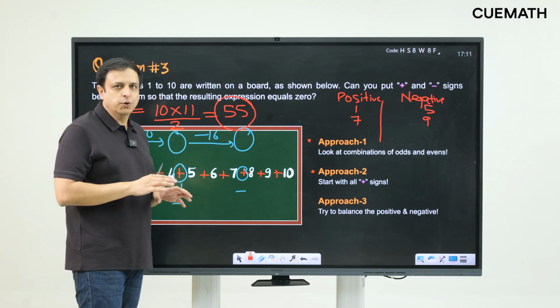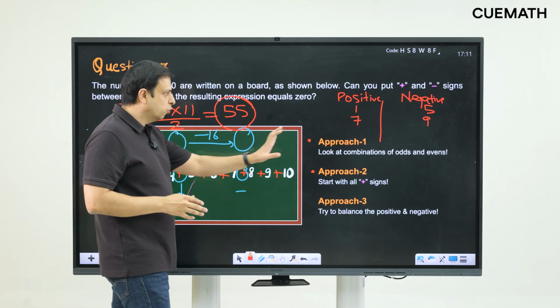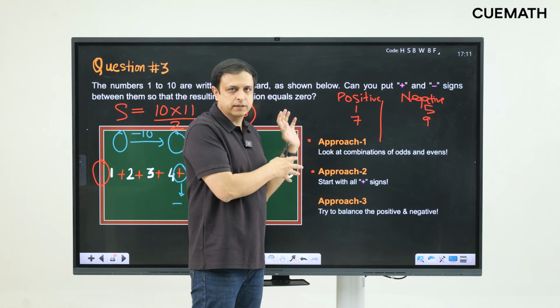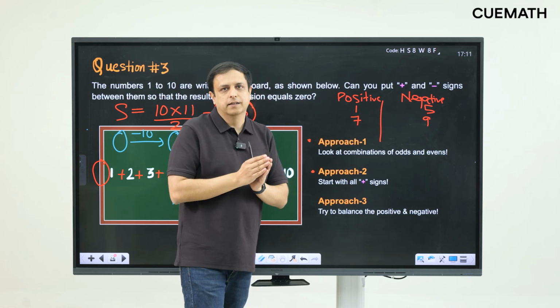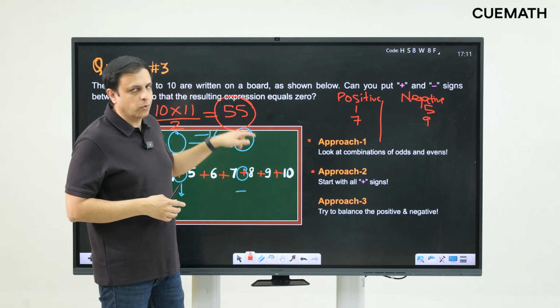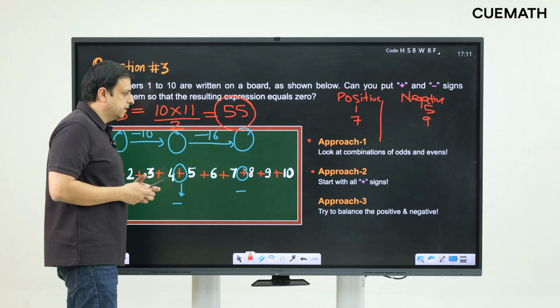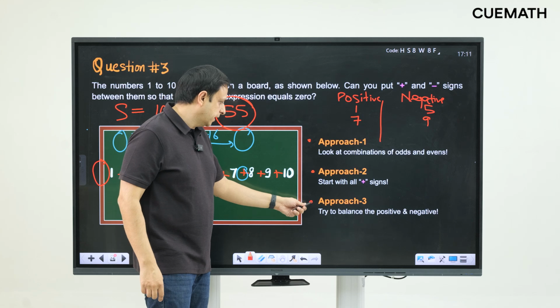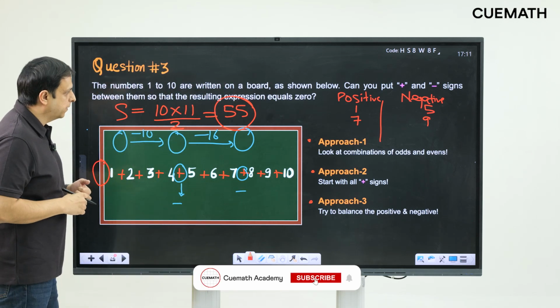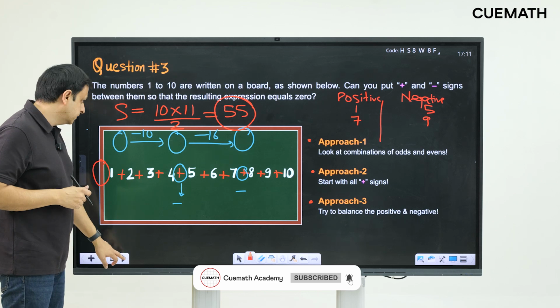So there is no way you can split 55 in two balanced parts where one part of the sum is positive, one is negative, and they cancel each other out, and therefore you get 0. That is not possible because the total sum is 55, which is an odd number. So this yet again tells you that solving this is not possible. No placement of plus and minus signs will give you 0.